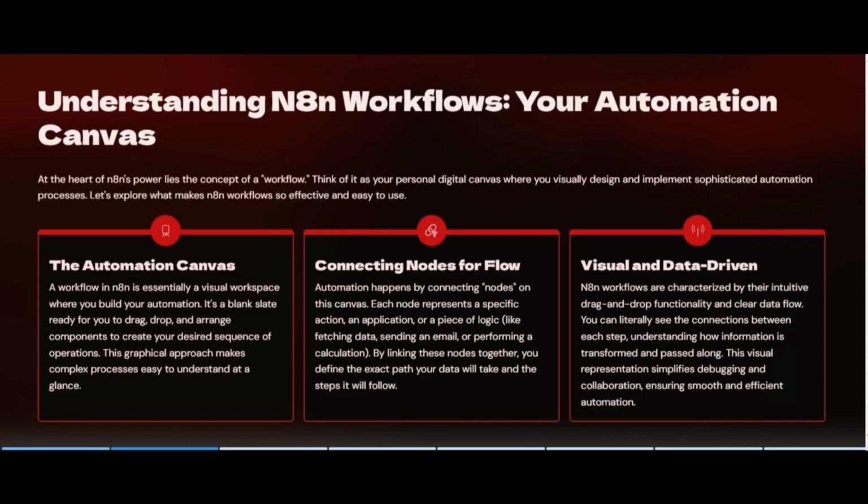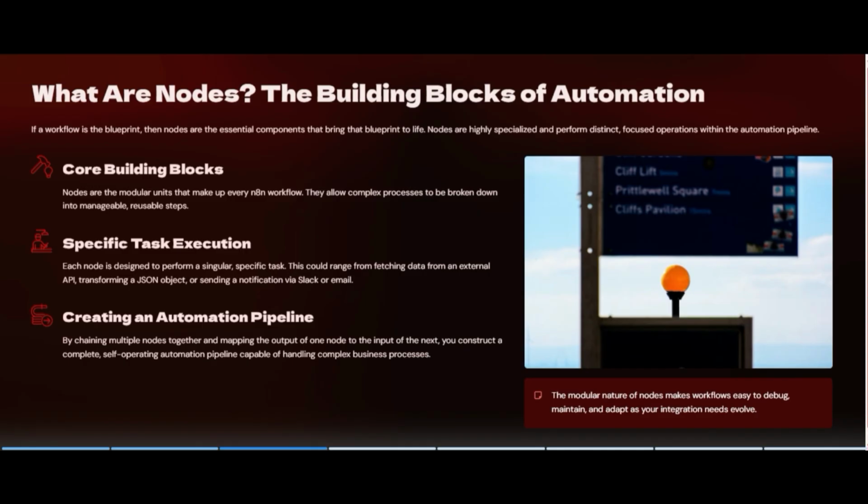Now it is time to learn what nodes are in N10. Nodes in N10 are like the building blocks of automation. There are a lot of types of nodes in N10, and nodes are the building blocks of any automation.